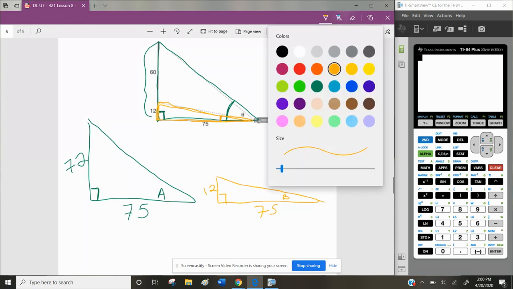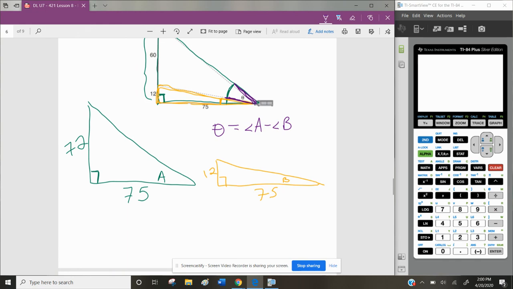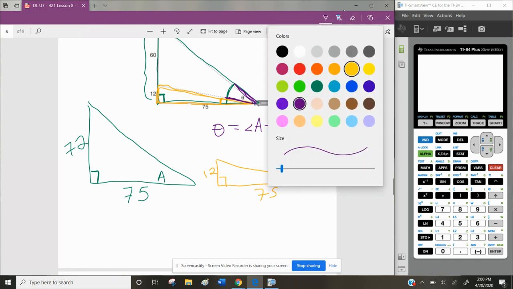So how could I find that using what I'm given? Theta is just this little sliver right here. So if I do theta equals angle A, the bigger one, minus angle B, the smaller one, then I can find that angle. So since we want an angle, we need to use the arc relationship.